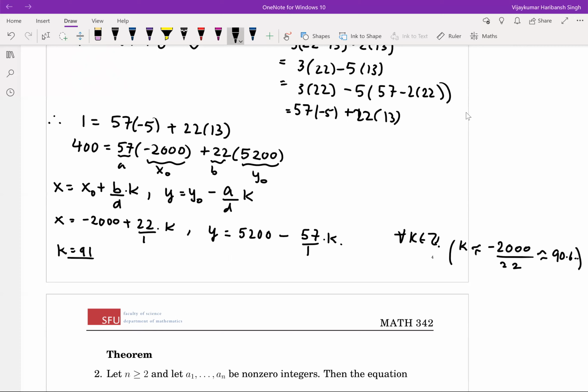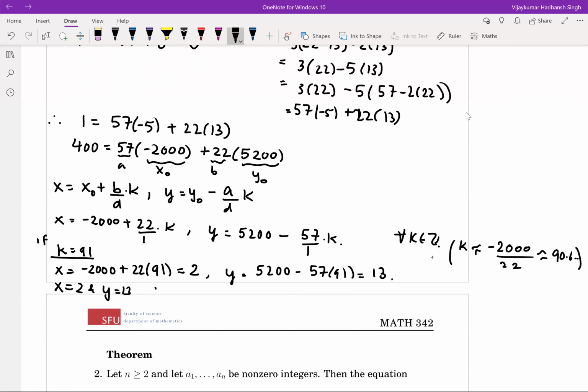We get X equals minus 2000 plus 22 times 91, which is going to be 2, and Y equals 5200 minus 57 times 91. That turns out to be 13. So X equals 2 and Y equals 13 are the required solutions.